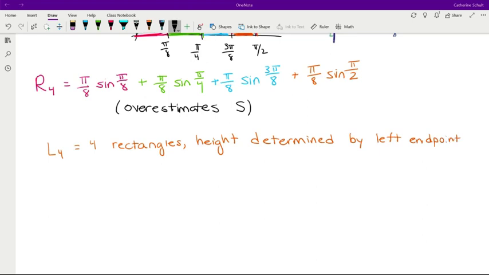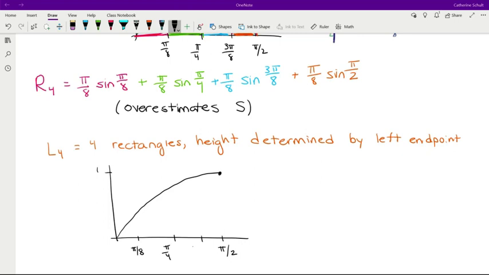Okay, so again, we can quickly sketch out our curve. Luckily, it's not too complicated. Equal widths, just as before.